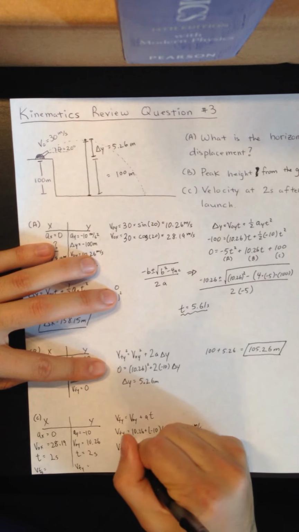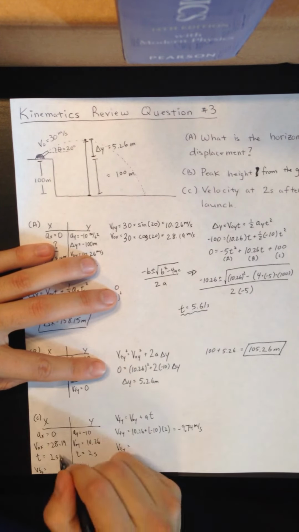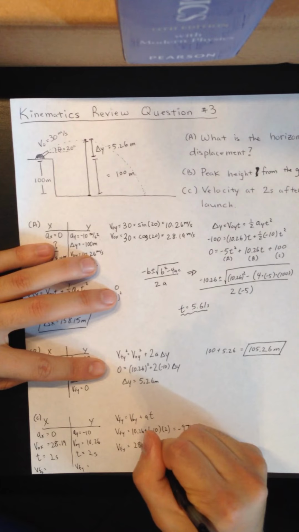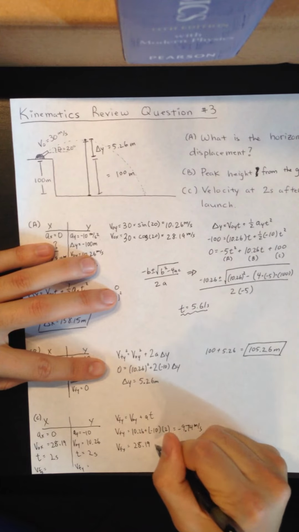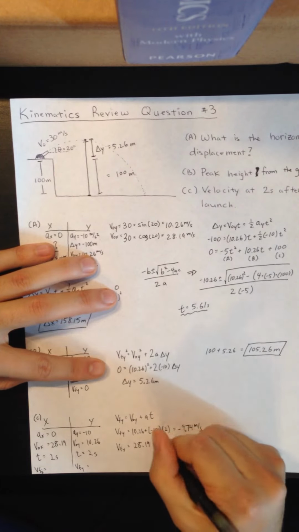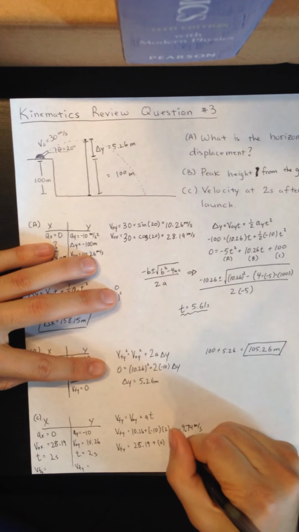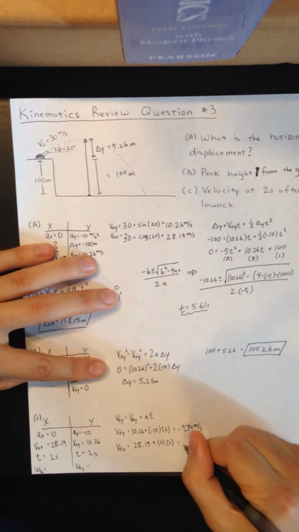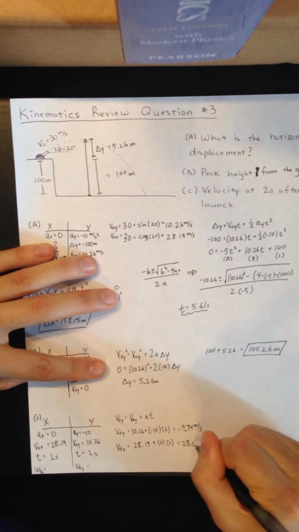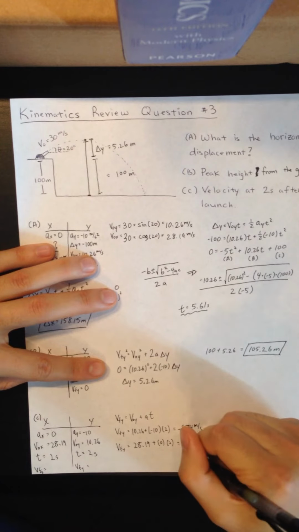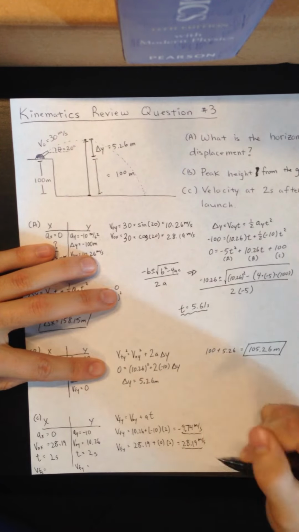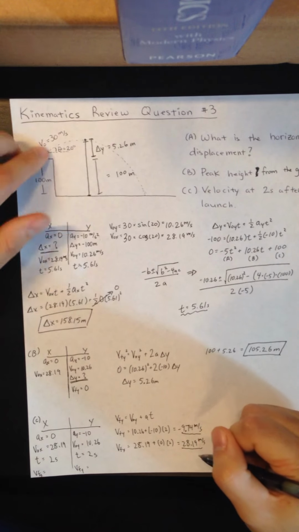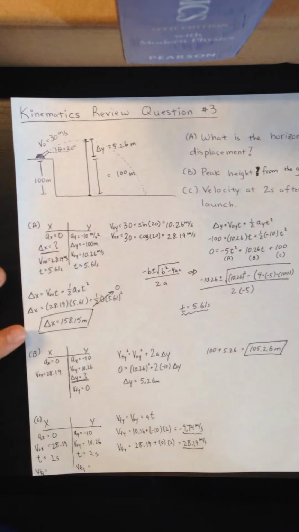V final in the x is equal to 28.19 plus acceleration 0 times t of 2, so we still get 28.19 meters per second in the x direction, which makes sense because in the x direction the velocity is constant, as I said at the beginning.